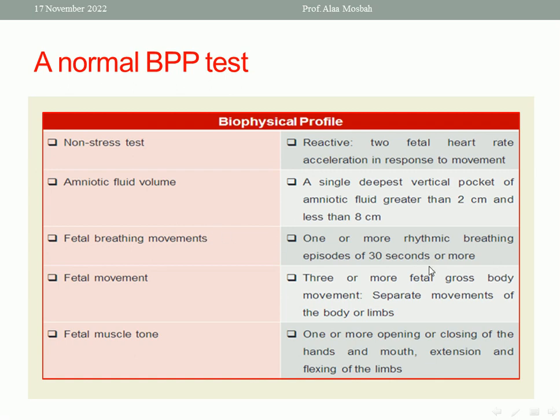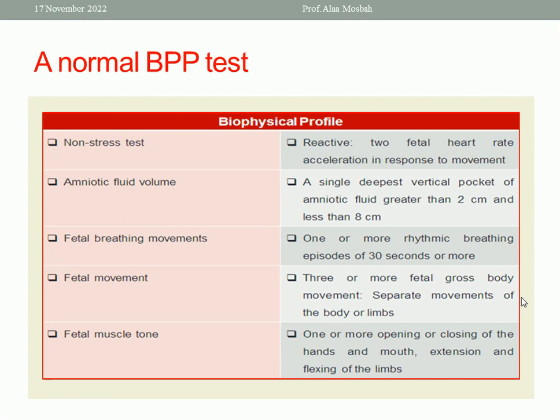Amniotic fluid volume: a single deepest vertical pocket of amniotic fluid greater than 2 cm and less than 8 cm. Fetal breathing movement: 1 or more rhythmic breathing episodes of 30 seconds or more. Fetal movement: 3 or more fetal gross body movements, separate movement of the body or limbs.